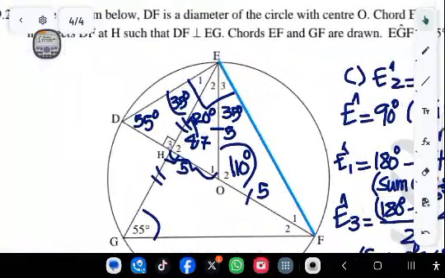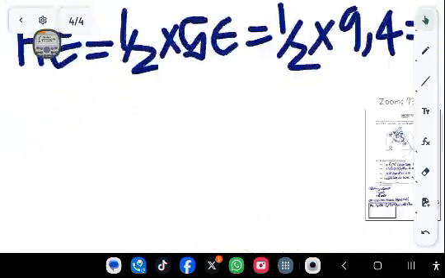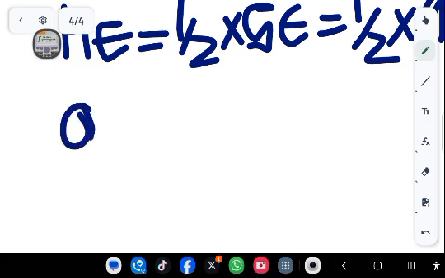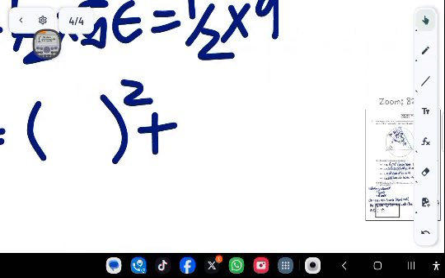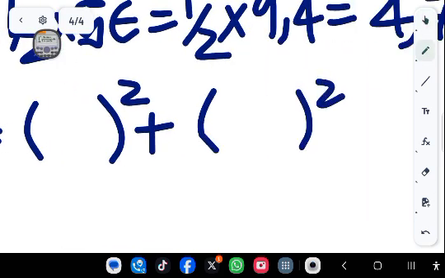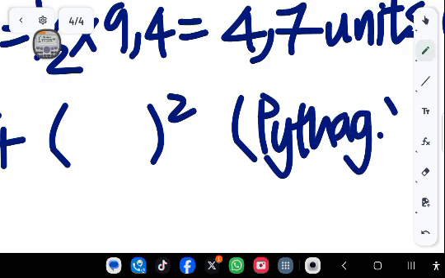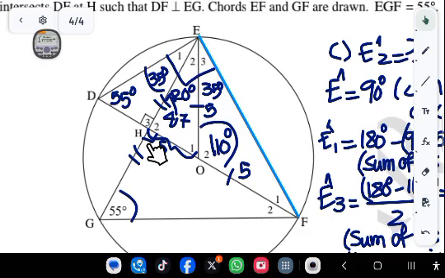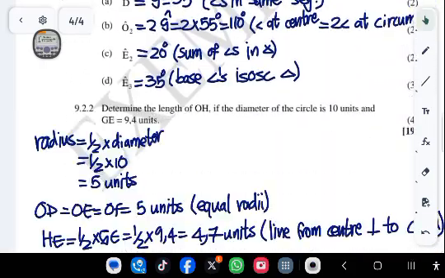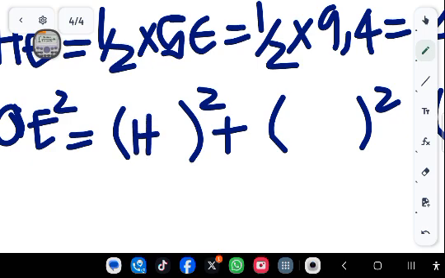Alright, so OE squared equals the other one squared plus the other one squared, and the reason is Pythagoras. So OE squared is equal to HE squared plus HO squared.